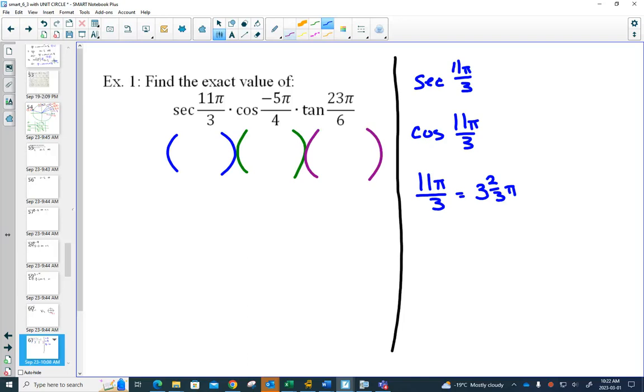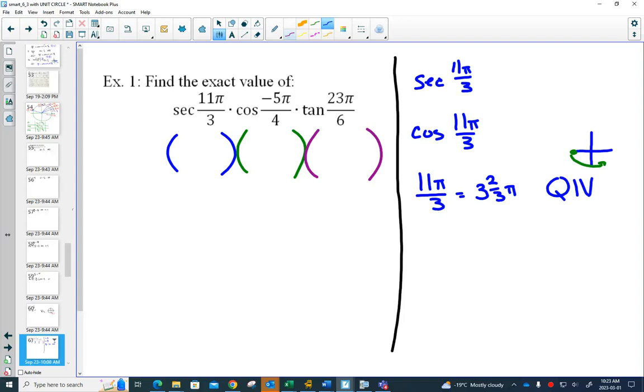What quadrant would 3 2/3 be? The 3 tells me it's on the negative x-axis. The 2/3 means I go more than half. It has to be in quadrant 4.